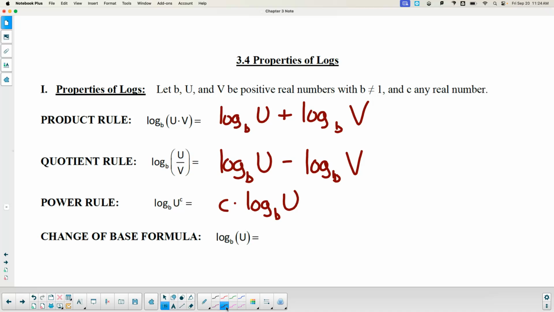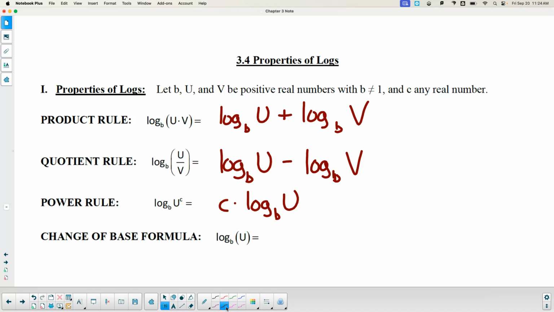The TI regular ones, the TI 30s that I see all around, those don't. Okay? They're not fancy. Sorry, those are basic. Okay? Right? But the TI Inspires and some of the Casios have, when you type in the log, you can type in a different base for yourself. And then you can type in the argument. But for those basic type calculators, you can't do that.